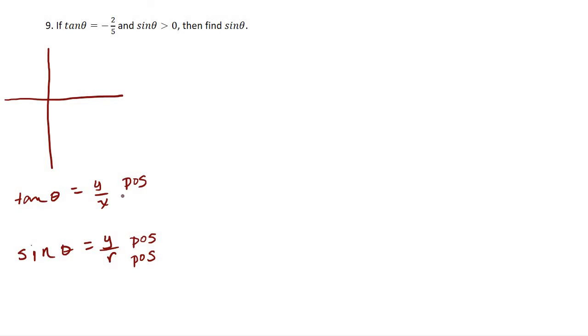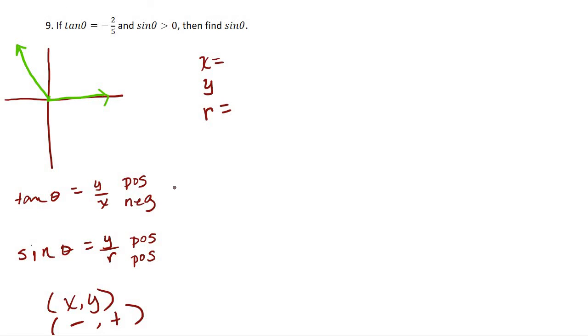And so I look back at my original problem and I'm told that tan theta is negative 2/5. So if tangent is negative, then I know that my x value has to be negative. So I have this ordered pair x, y. X is negative, y is positive, so I am in quadrant 2.